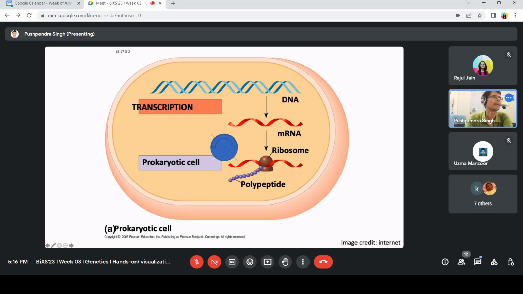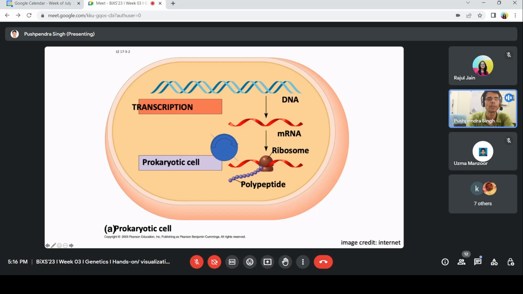In a bacterial cell, for example, the bacteria that causes tuberculosis, called Mycobacterium tuberculosis, or any bacteria, there is a cell wall, and inside the cell wall there is DNA, and from DNA mRNA formation takes place, and from mRNA it can make protein. A protein chain is shown here in the form of these beads.